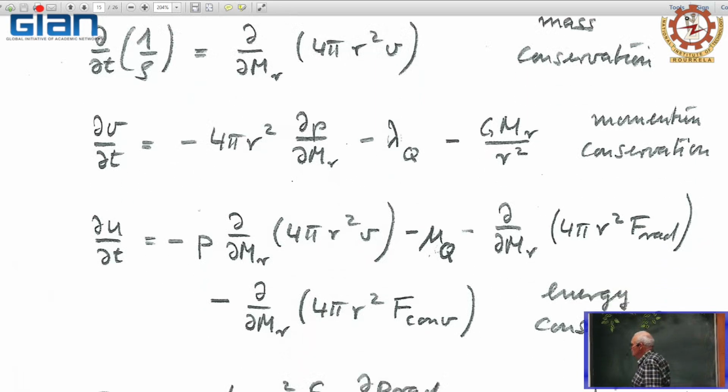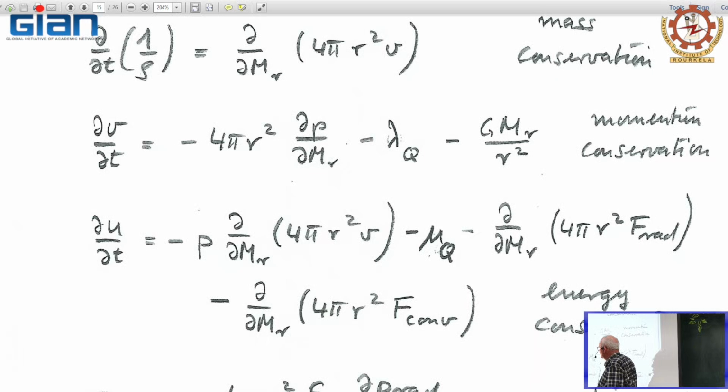Okay, then we have the energy equation. This is the change of internal energy with respect to time, which is given by a term P times the divergence of the velocity field. This is the PdV work. And then we have the divergence of the flux, which is split here into two parts, the divergence of the radiative and the convective flux.